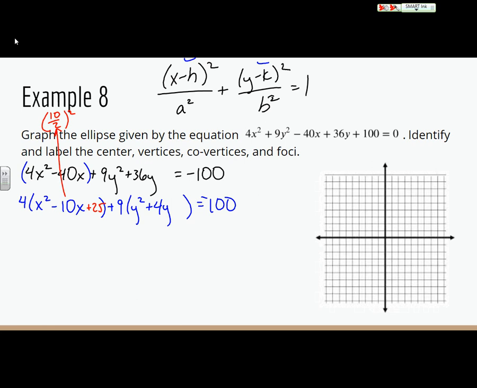So it's 5. 5 squared is 25. I'm going to take half of this 4 right here, which is 2, and I'm going to square it. Again, I'm going to jump ahead a little bit. The reason I did that was I'm making it so both of these parentheses will factor nicely into the binomial squareds that I have up here at the top. So I'm good.